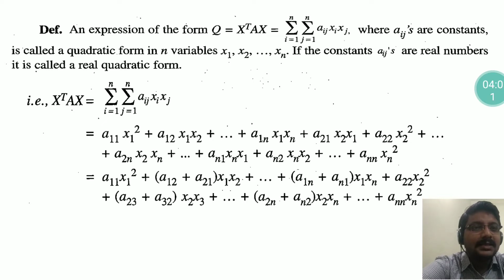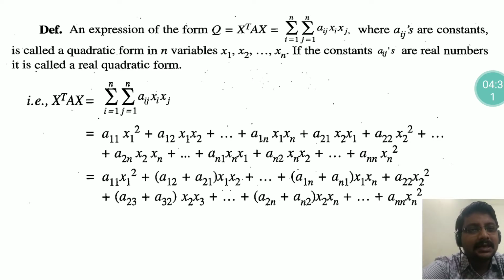If the constants aij's are real numbers, it is called a real quadratic form. So XᵀAX is known as a real quadratic form, where the aij's are constants and xi's are n variables. It is denoted with q.